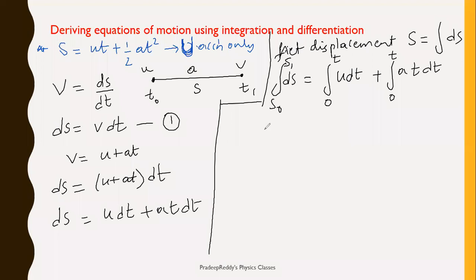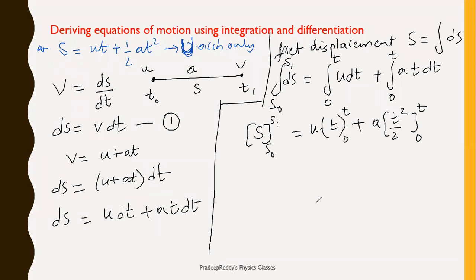What is integration ds? Integration ds is s, between s0 and s1, is equal to u is constant. Integration dt is t, lower limit 0, upper limit t, plus a is constant. Integration t dt is t square by 2, and it is from 0 to t seconds. Now upper limit s1 minus lower limit s0 is equal to u into upper limit t minus 0, plus a by 2 into upper limit t square minus 0.